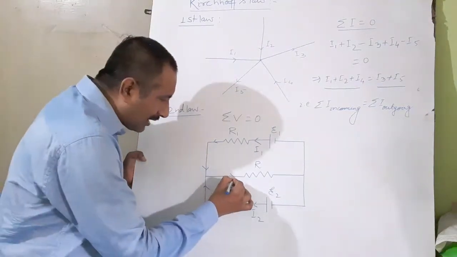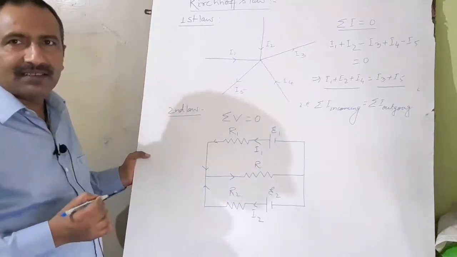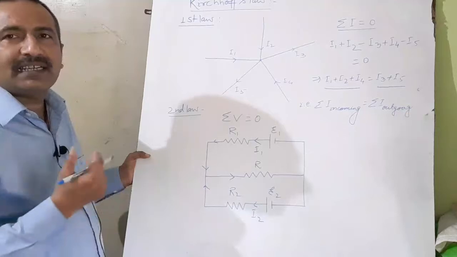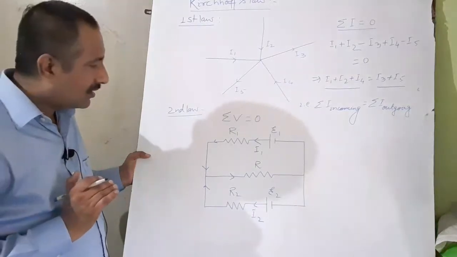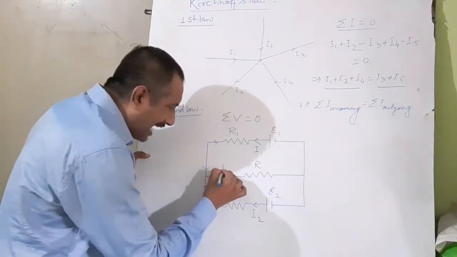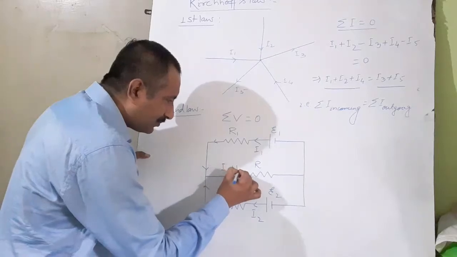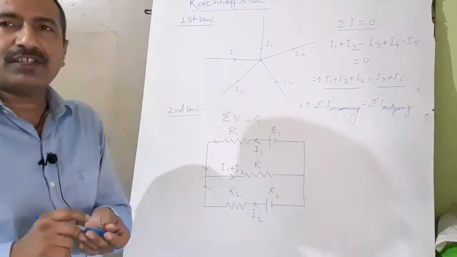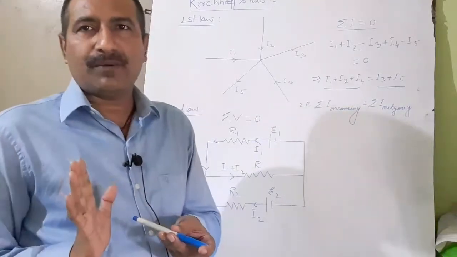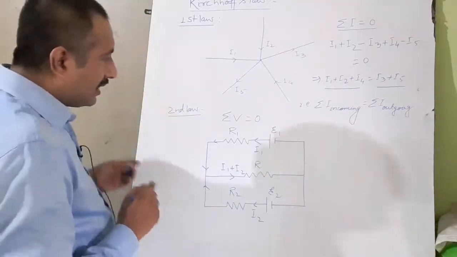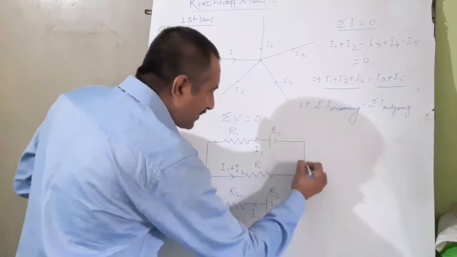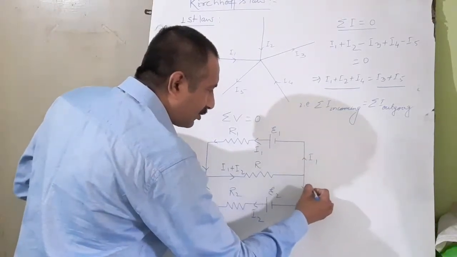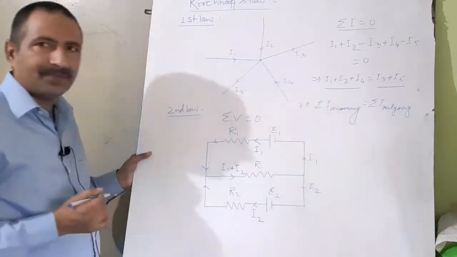And there is a one-way path through which I1 and I2 will pass. So this is I1 plus I2. So current distribution is made according to Kirchhoff's first law. Is it clear? Again at this junction, I1 will pass along this direction and I2 will pass along this direction.